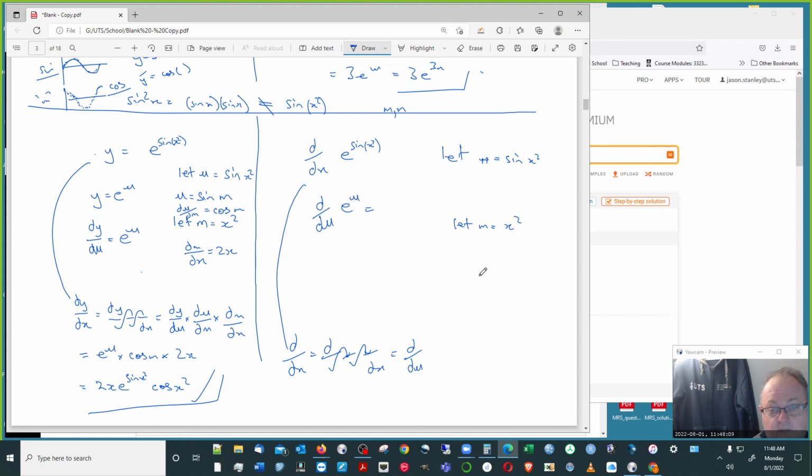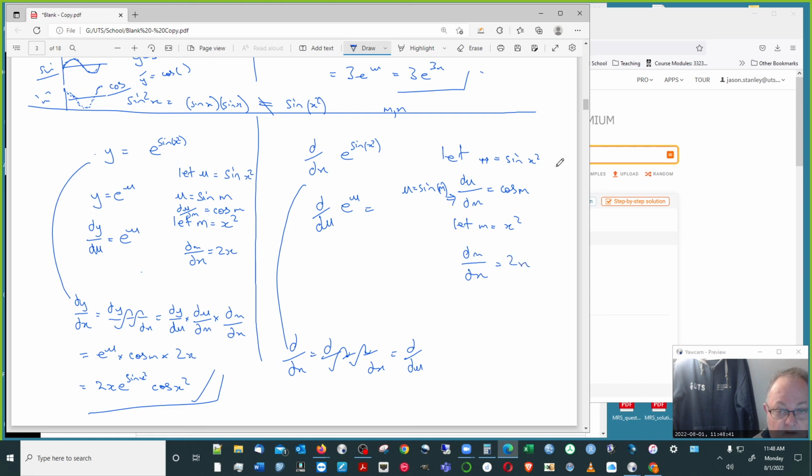Okay, over here we're going to use Leibniz notation, du. Now we can't do that one that way, but we can do it as m. Okay, du dm, because u would be equal to sine of m. So du dx is going to be cos of m, and finally we've got dm dx.